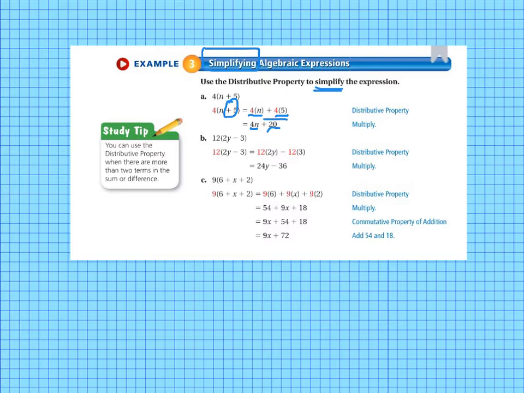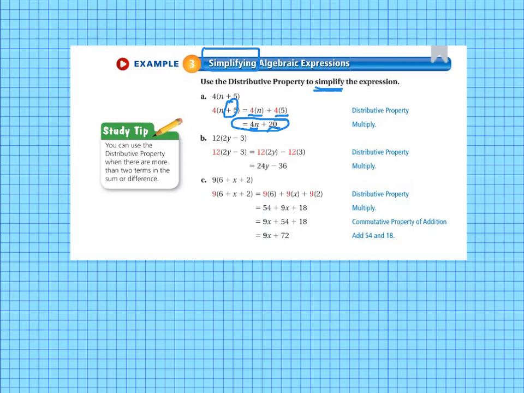That is as simplified as that gets. You cannot then add the 20 and the 4n, because the 20 doesn't have an n with it. We can only combine things that have what we call like terms.